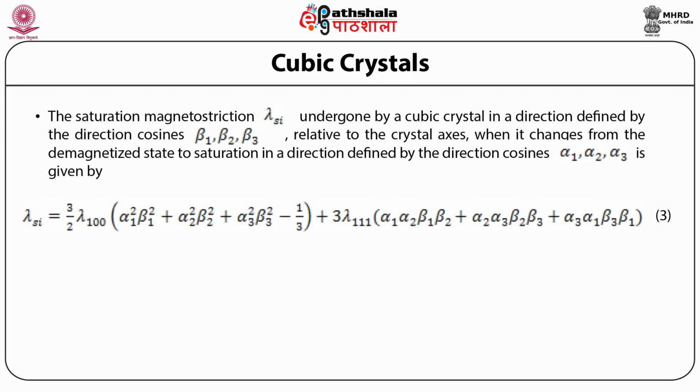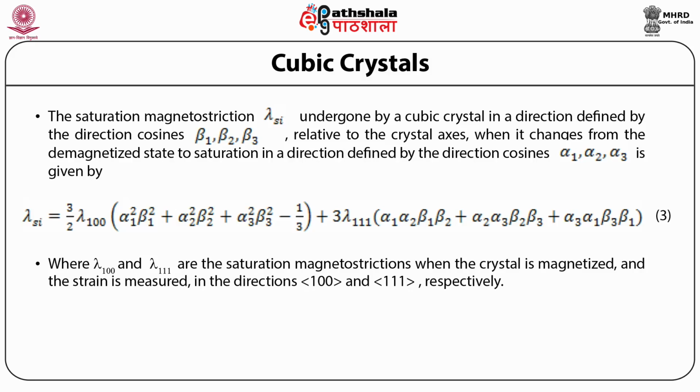Cubic crystals. The saturation magnetostriction lambda s undergone by a cubic crystal in a direction defined by the direction cosines beta 1, beta 2 and beta 3 relative to the crystal axis, when it changes from the demagnetized state to saturation in a direction defined by the direction cosines alpha 1, alpha 2 and alpha 3, is given by lambda s equals 3/2 lambda 100 times (alpha 1 squared beta 1 squared plus alpha 2 squared beta 2 squared plus alpha 3 squared beta 3 squared minus 1/3) plus 3 lambda 111 times (alpha 1 alpha 2 beta 1 beta 2 plus alpha 2 alpha 3 beta 2 beta 3 plus alpha 3 alpha 1 beta 3 beta 1), where lambda 100 and lambda 111 are the saturation magnetostrictions when the crystal is magnetized and the strain is measured in the directions 100 and 111 respectively.